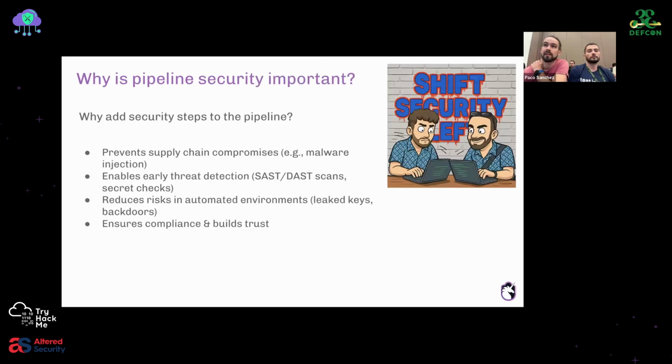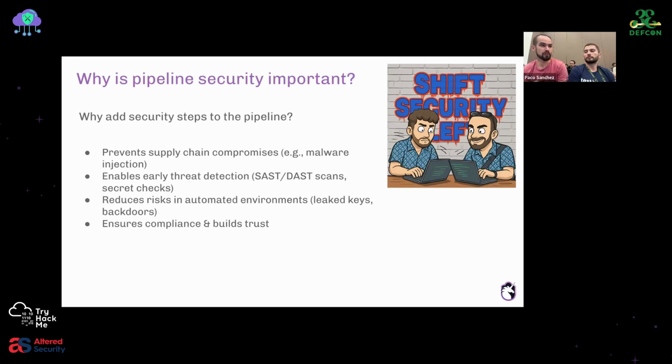Okay, now why pipeline security is important. As Paco said, this is the thing that you need to tell your boss, because he's probably the one who decides the budget. The sooner we detect the problems, the easier and cheaper they are to fix. But also, it prevents supply chain compromises, and I think in the last month we had like 2 or 3 big incidents related to that.